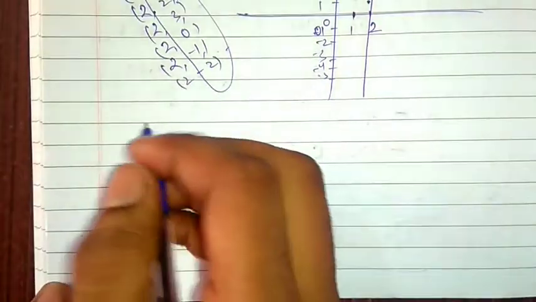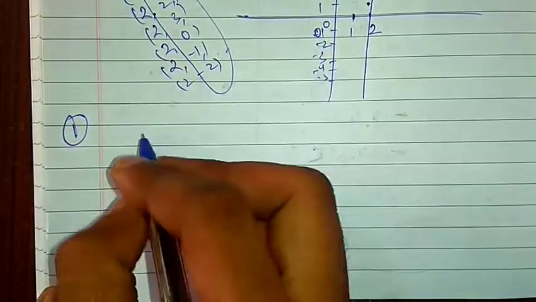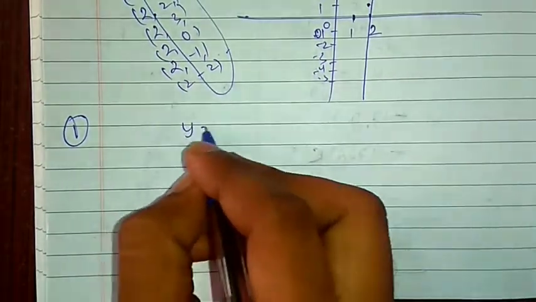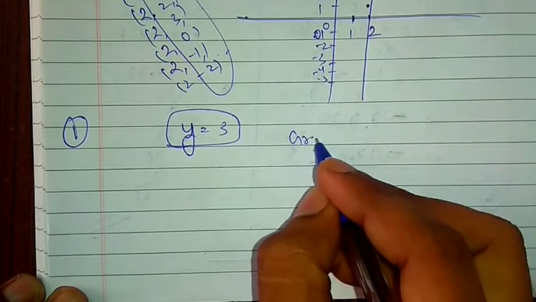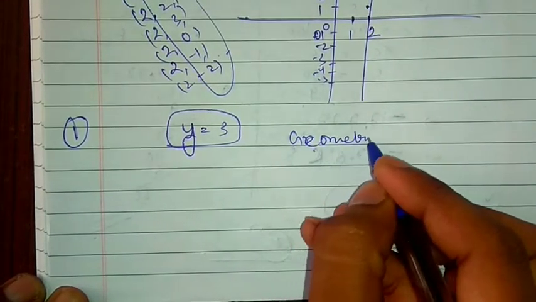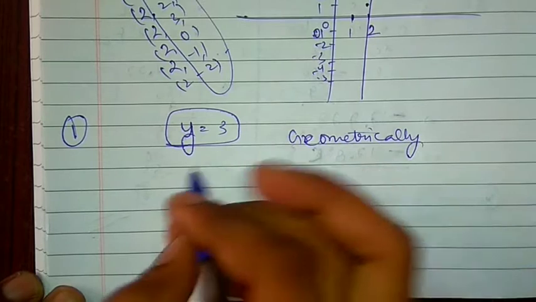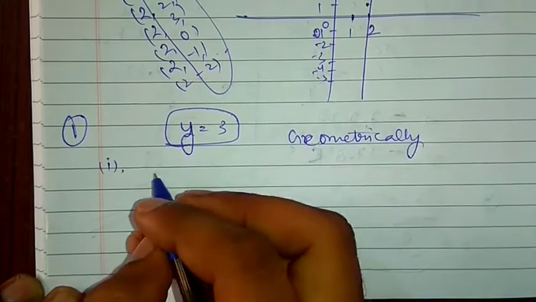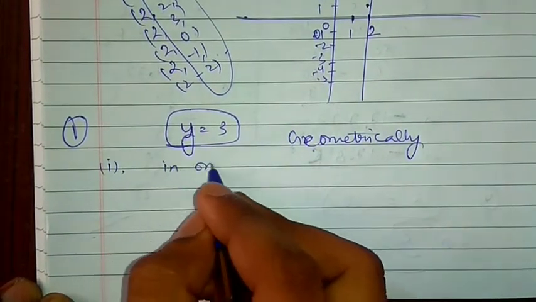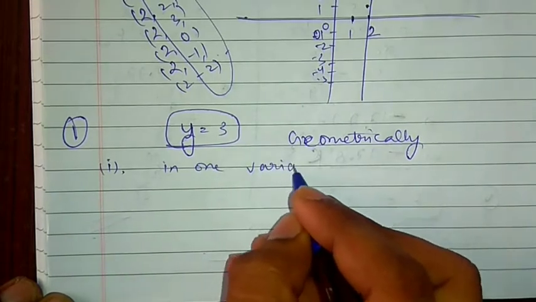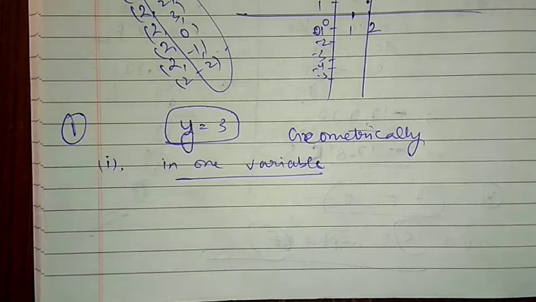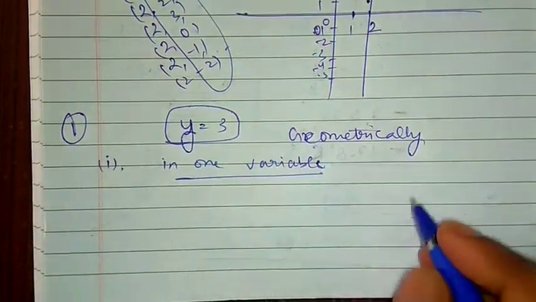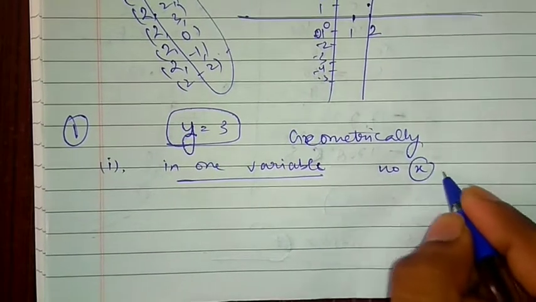So here, the first question is y is equal to 3 as an equation, and you have to show it geometrically. The first condition is in one variable. Let's think about this. When this is in one variable, then we have only y and no x.